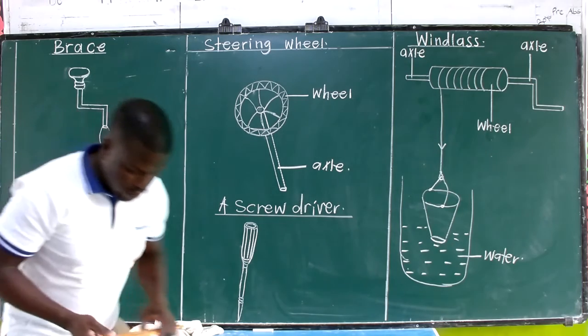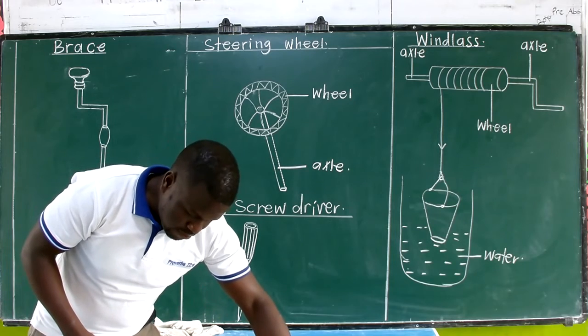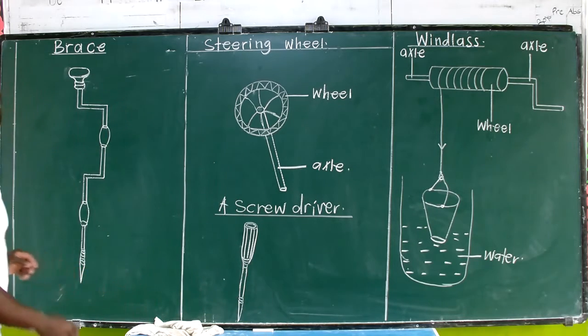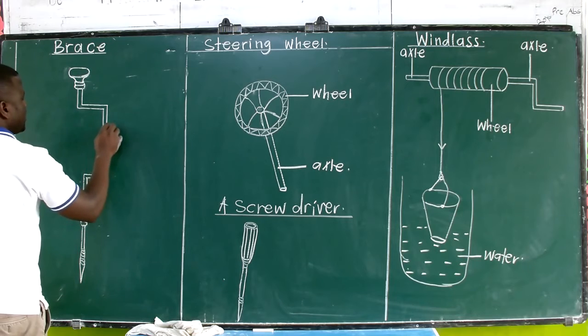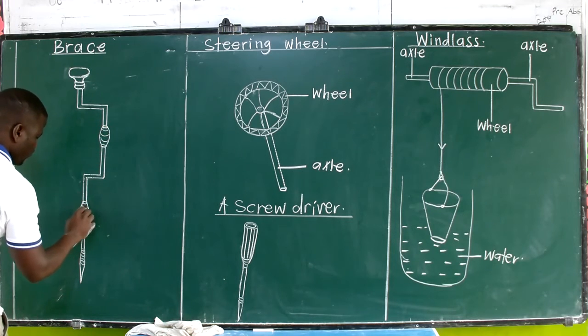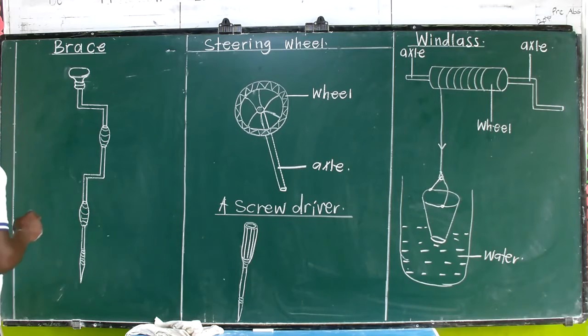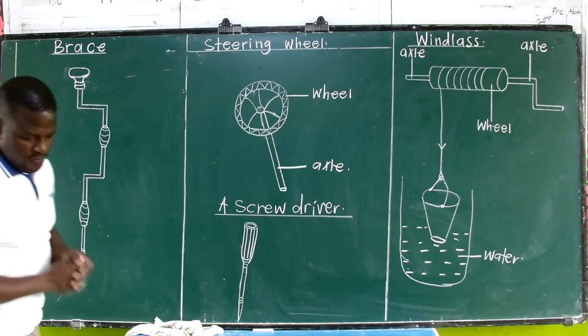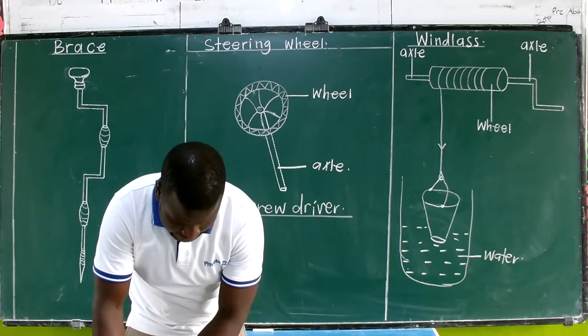So this one is called a brace. It's an example of a wheel and axle.